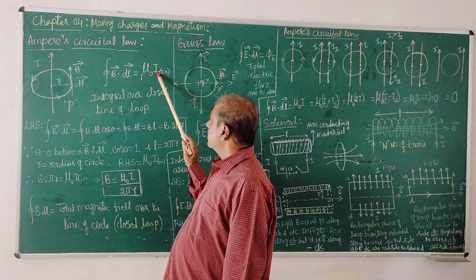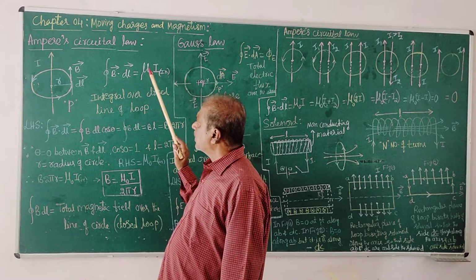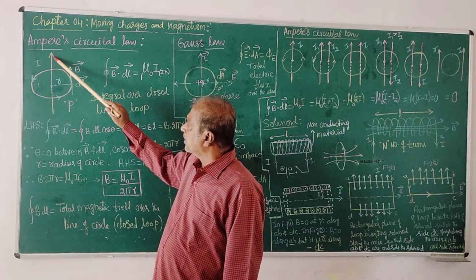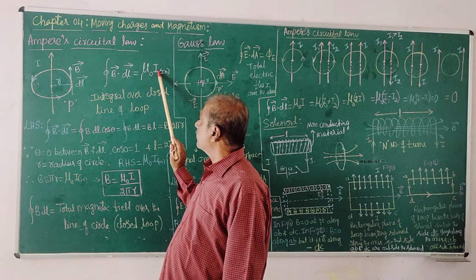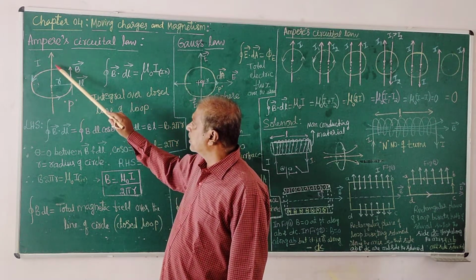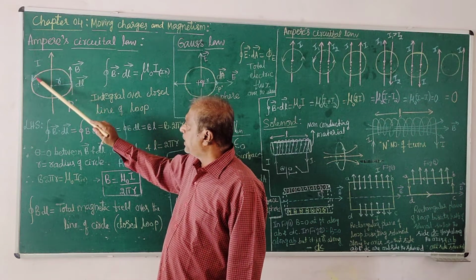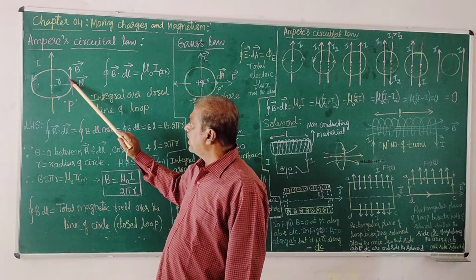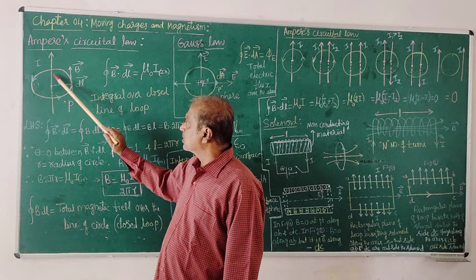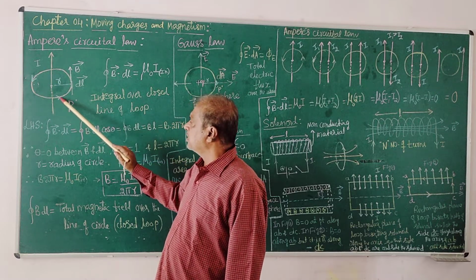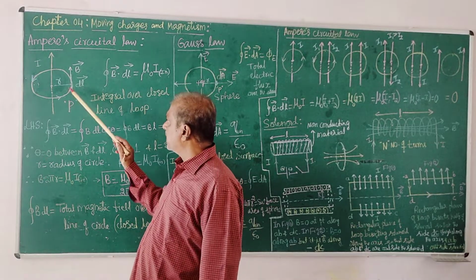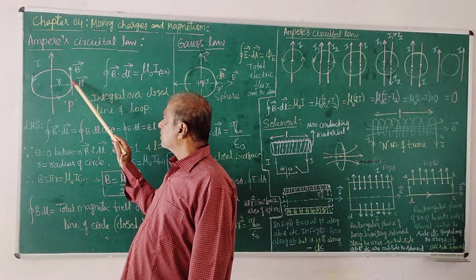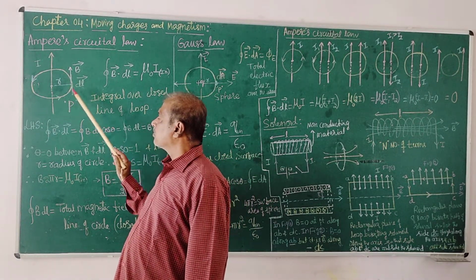I is the amount of electric current flowing through the conductor, through the plane. What is the plane here? Assume that there is a plane enclosed by the circle.